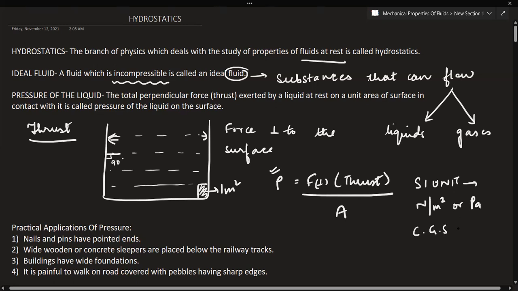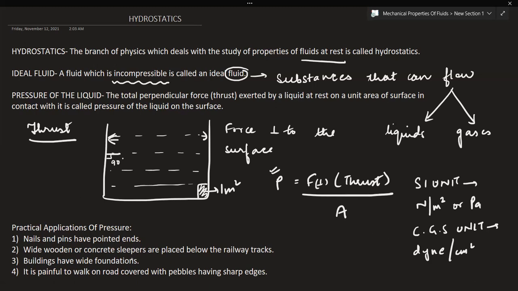Or CGS unit would be dyne per centimeter square. For force, the CGS unit is dyne and the SI unit is Newton, and the CGS unit for length or area would become centimeters. So I hope this portion is clear to you.